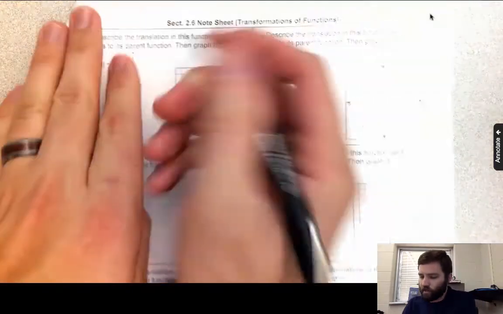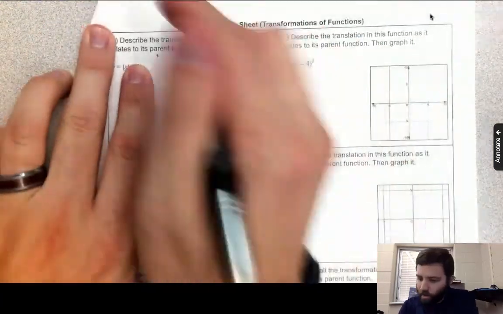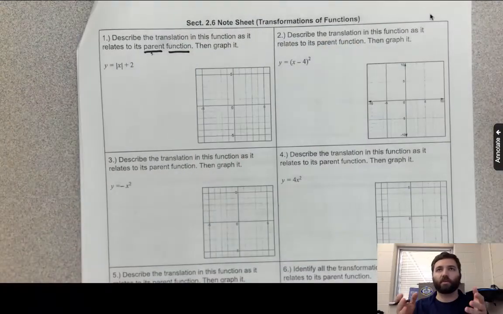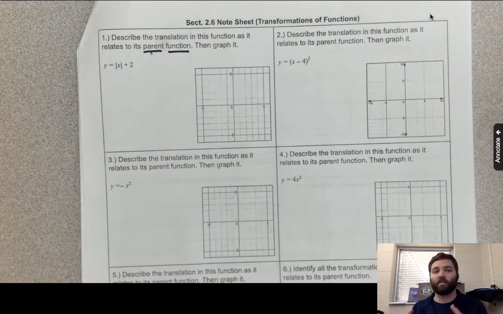Let's first talk, before we get too far here, about what a parent function is. The parent function is the simplest version of a family of functions. So what is a family of functions? Well, there's a number of them, probably like a dozen. One family of functions is linear functions. All the lines that you've ever graphed are called linear functions.